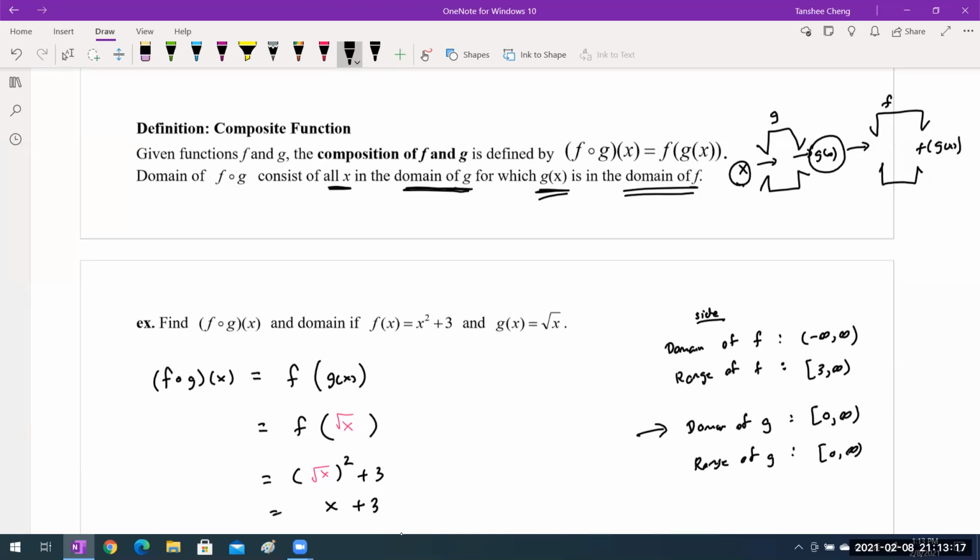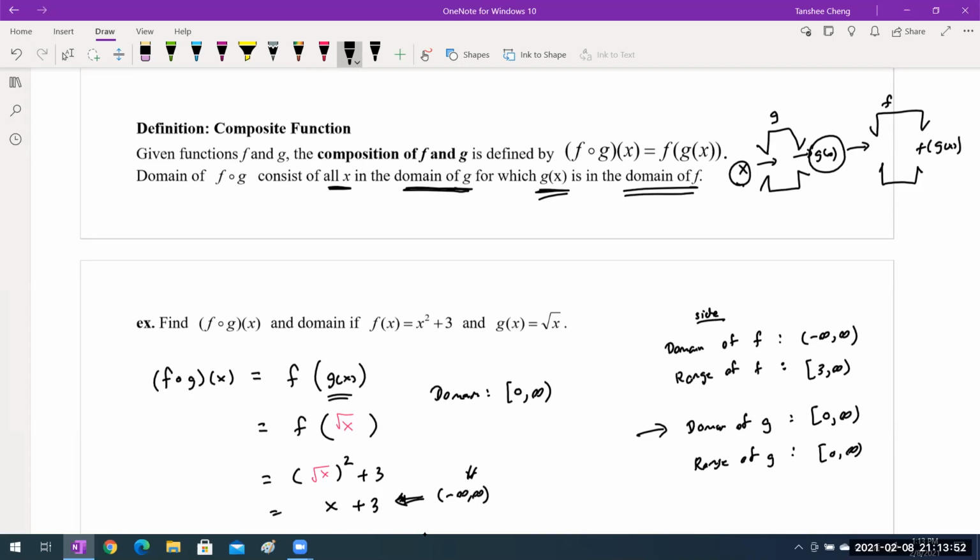Okay? So that tells us the domain of this composition function is from 0 to positive infinity. Like I pointed out earlier, if you just look at this final answer and say the domain of this composition function is negative infinity to positive infinity, then you will get the wrong answer, because the g function does not work from negative infinity to positive infinity.